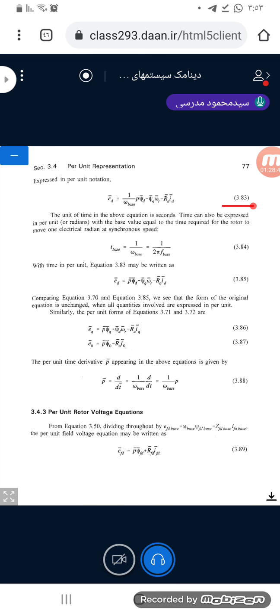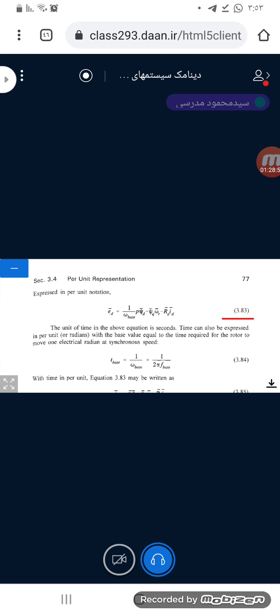Equation 3.83. So, the unit of time in the above equation is seconds.